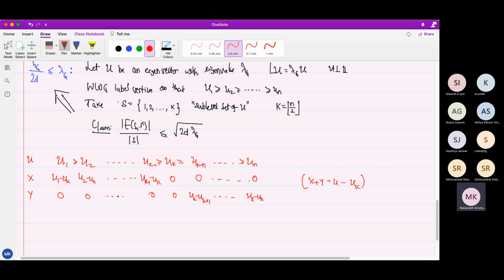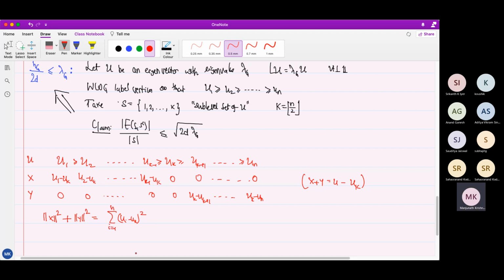Okay, so now what do you do? The point is we want to consider both. So what is norm U square? So norm X square plus norm Y square. It is the sum of UI minus UK square.